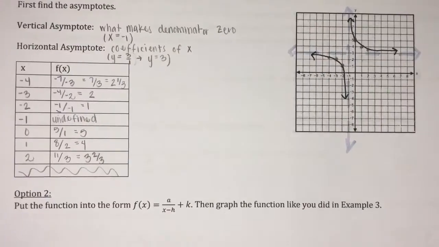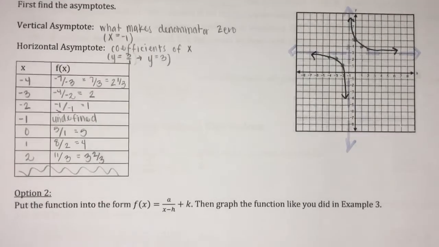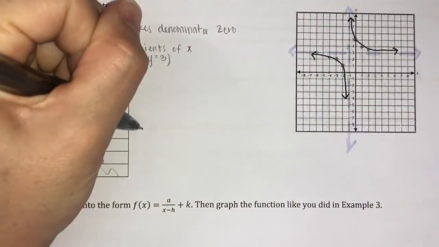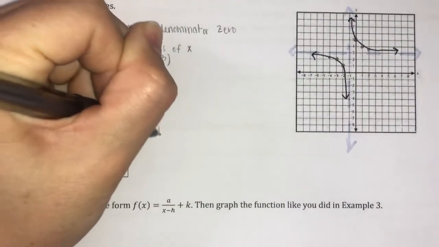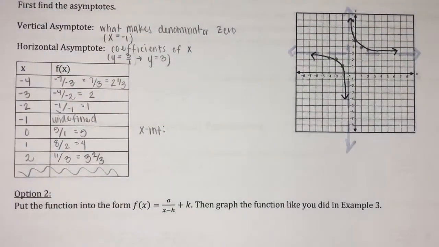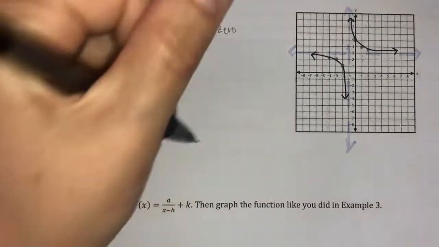Okay, and then, sorry, to go back up, just a couple of notes about x-intercepts and y-intercepts. If you need to find the x-intercepts and the y-intercepts of any function, the x-intercept is what x value makes the numerator 0.